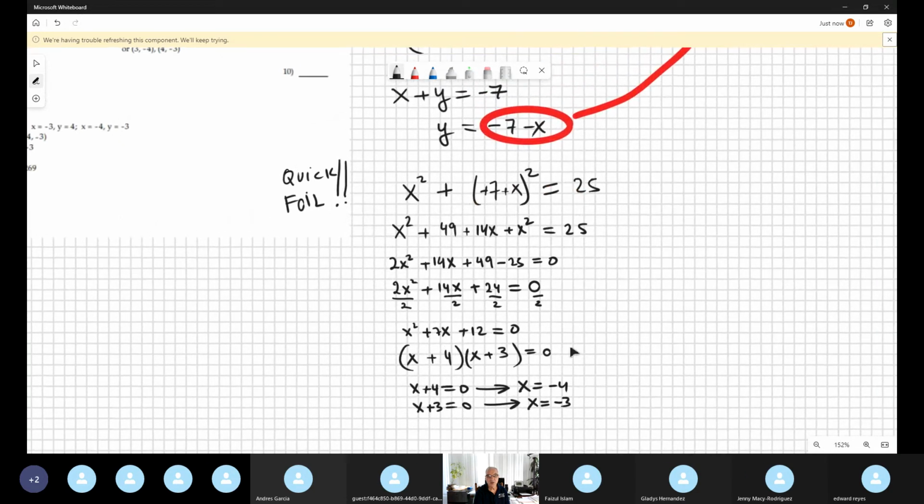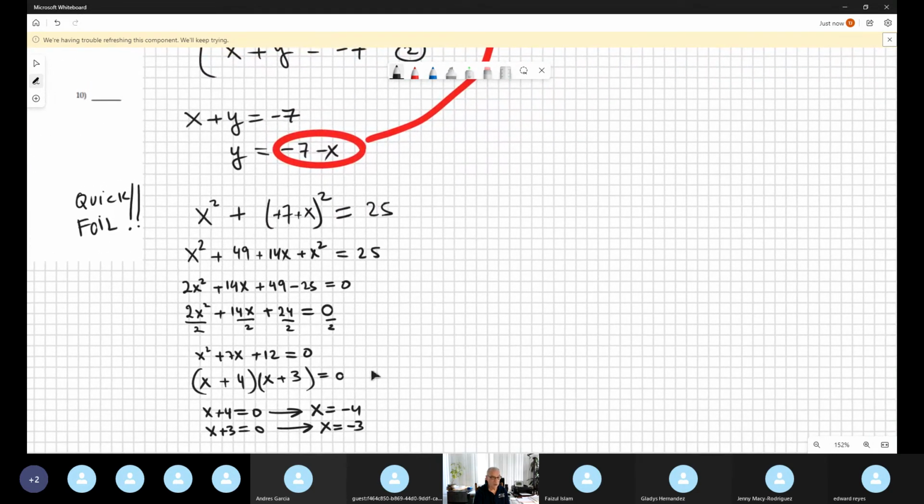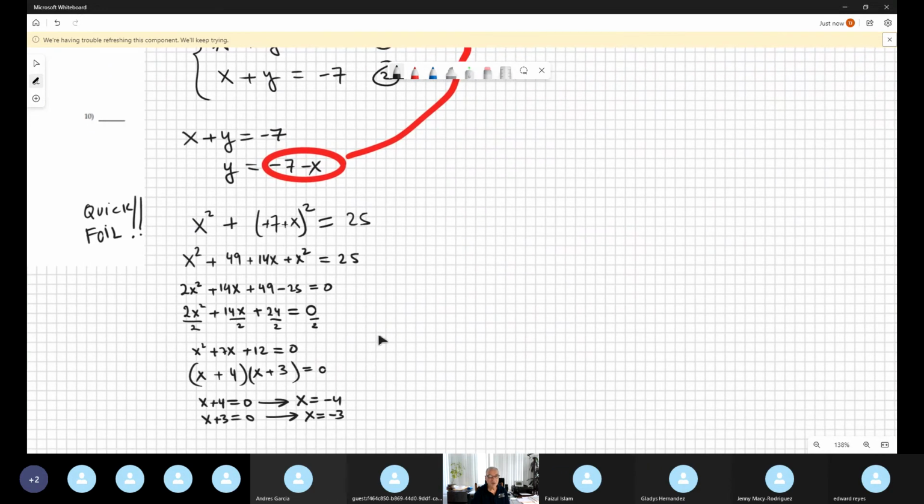I go to the original equation. Let me see what's the best way. You take this equation. You take the solution of -4 and plug it in to get the y value.